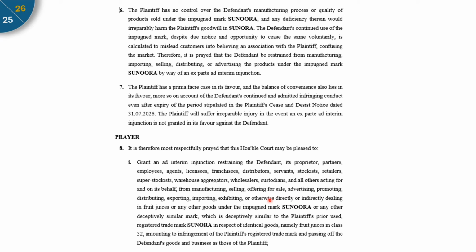If you only wrote a restraint from selling, then a defendant could keep manufacturing and stockpiling the goods, or keep advertising the impugned mark, and they would argue that they complied with the order because they were not technically selling anything yet. So it is really important to understand that you name each and every part of the defendant's company and their work.